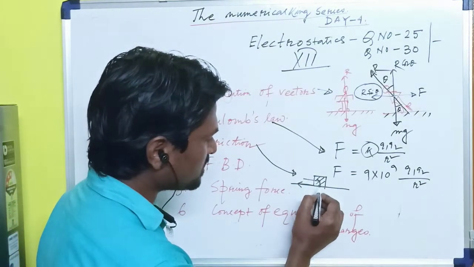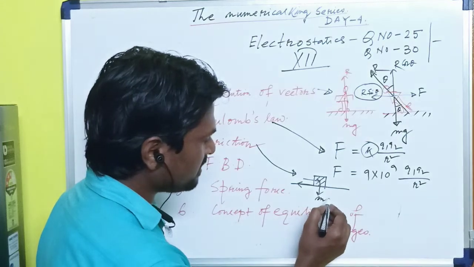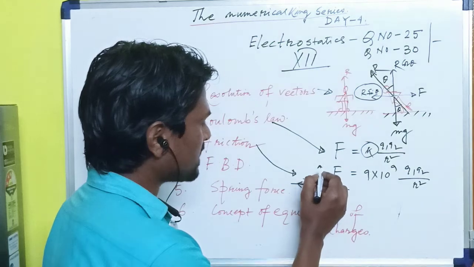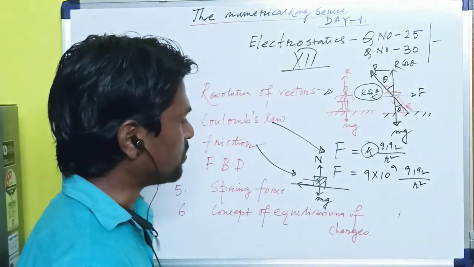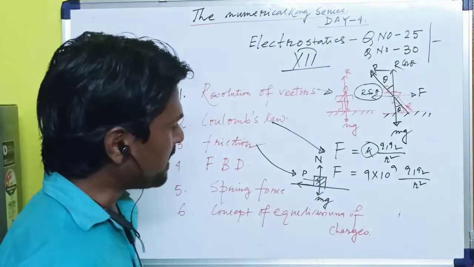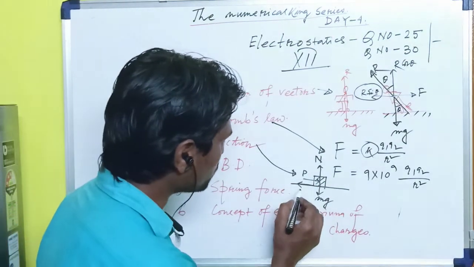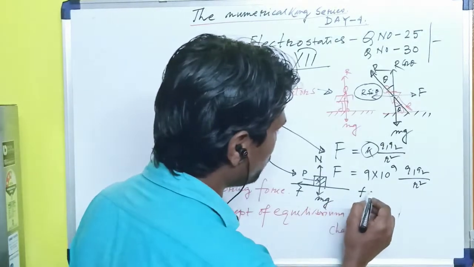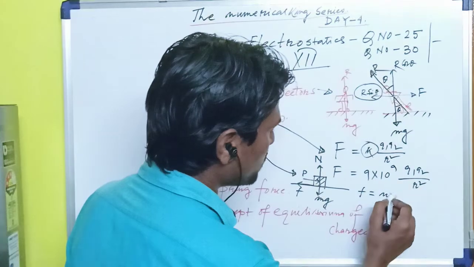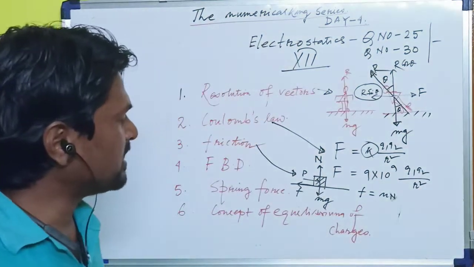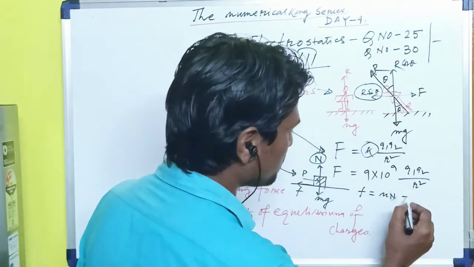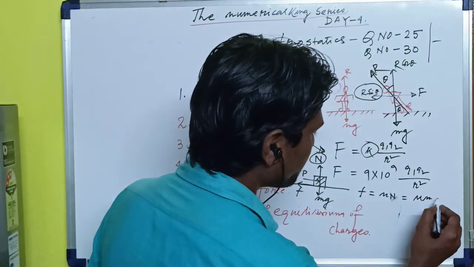If the mass of this body is m, then weight mg acts in the downward direction, and the normal reaction acts upward. If P is the force applied on the body, then the friction force comes into play. This frictional force is equal to mu into N, where N is the normal reaction. Here N equals mg, so the friction is mu into mg.